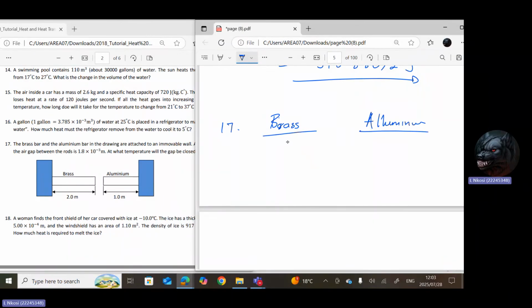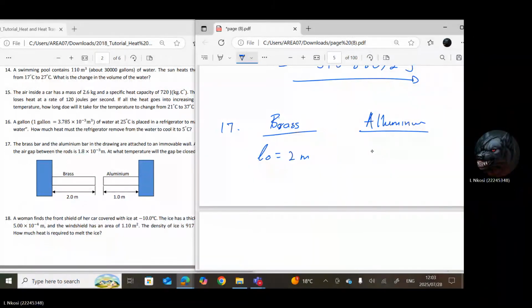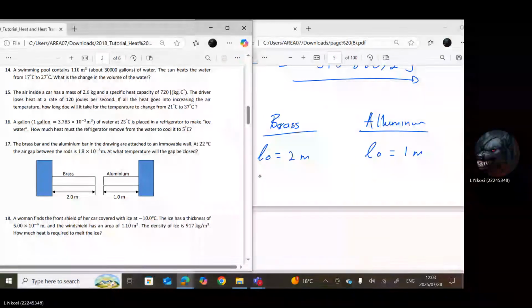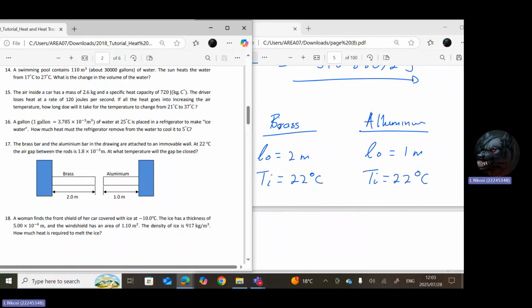The original length of the brass is 2 meters. The original length of the aluminum is 1 meter. The initial temperature is 22 degrees Celsius for both.